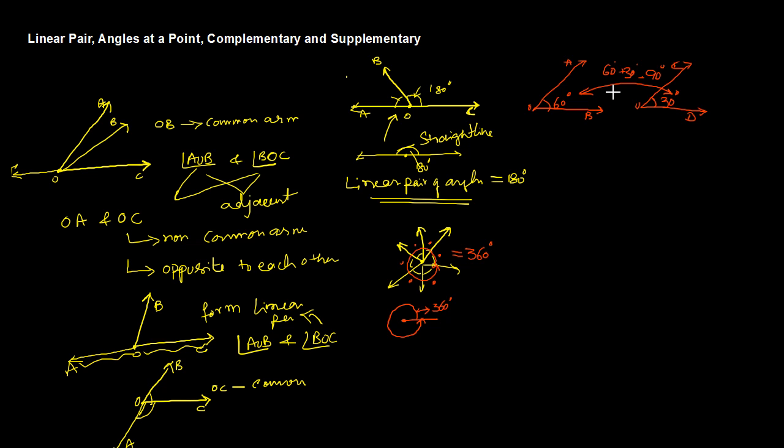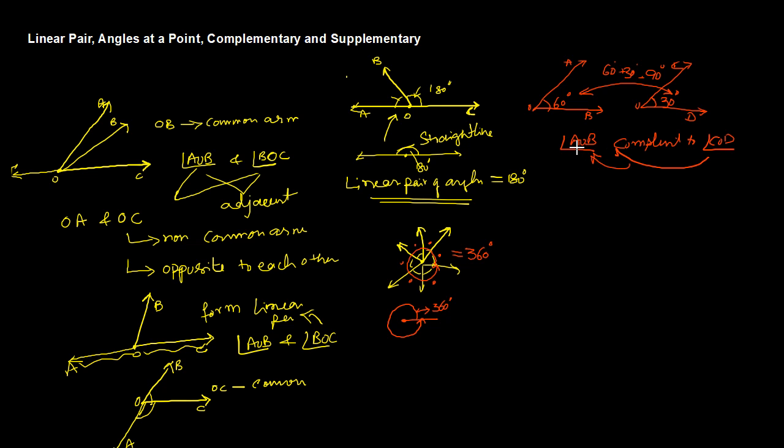So when the sum of the measures of two angles equals 90, those two angles are called complementary angles. Now if I am going to write that in a sentence, angle AOB is complement to angle COD, or COD is complement to angle AOB.